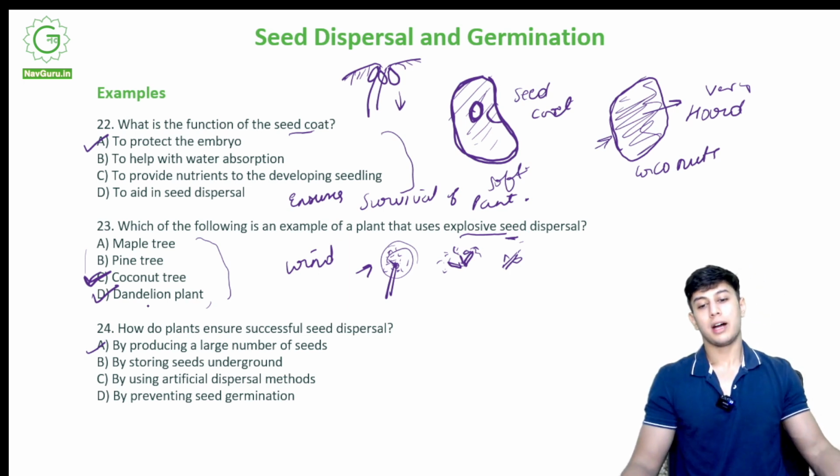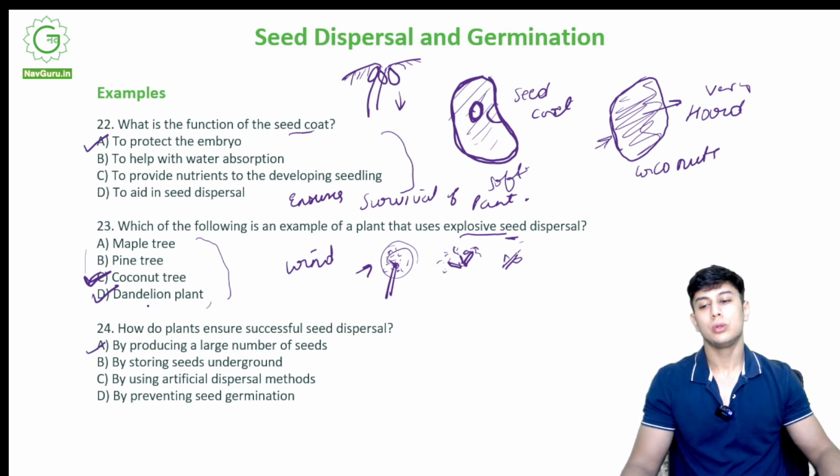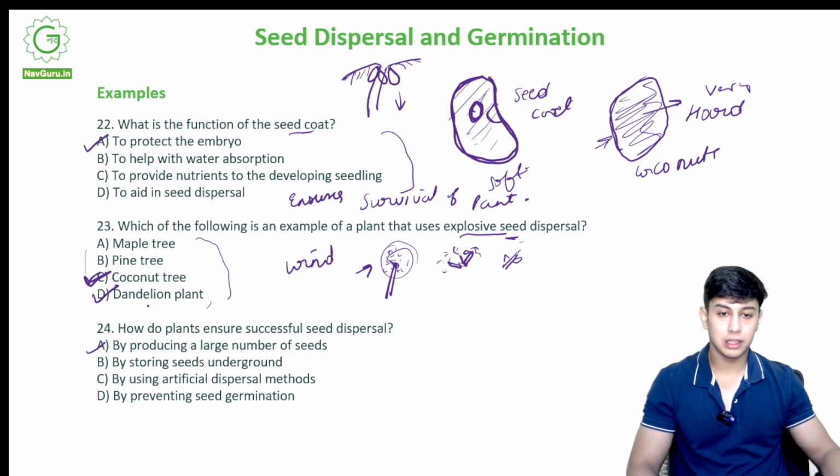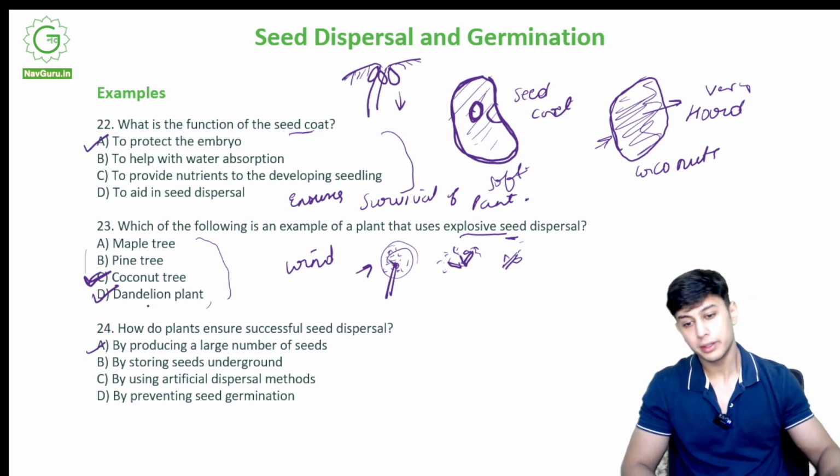Now, after the seeds have been dispersed, there are a lot of seeds, right? So some would go to rocks, some would fall in the water, some will fall on city grounds where they will not germinate. Only a small portion of the dispersed seeds will fall on fertile soil where they will grow, right?